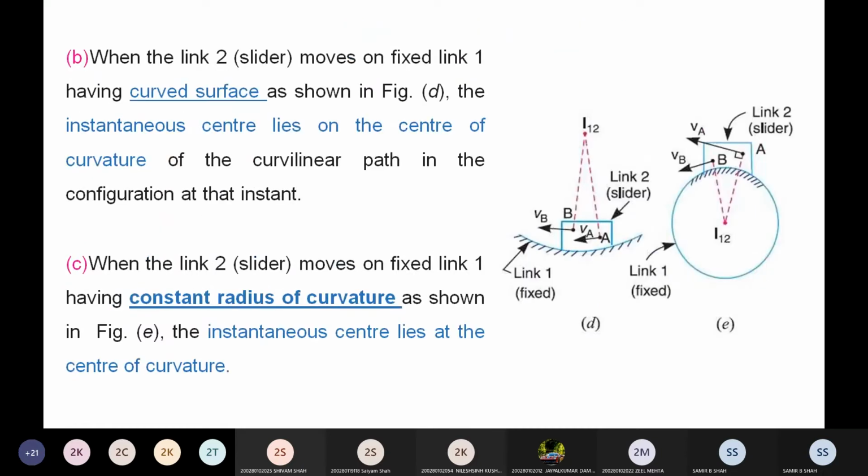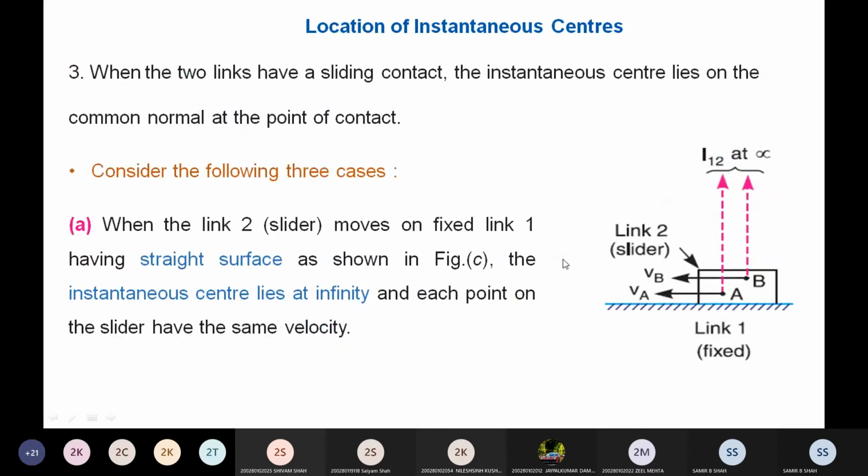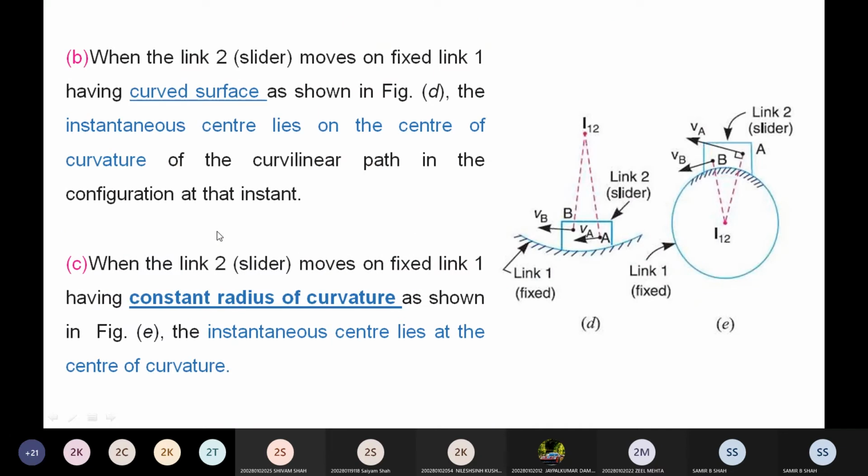Second case, you can see the nature of the surface may change. In the first case, the surface is straight. Now in place of a straight surface, if it is a curved surface, as you can see in the figure, then the I center lies at the center of the curvature.